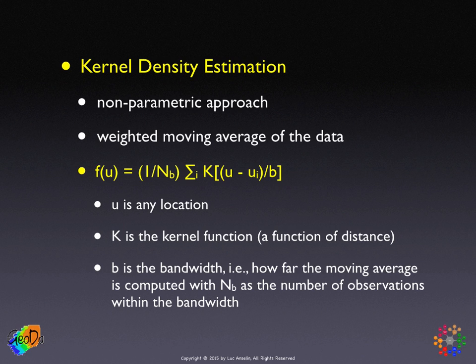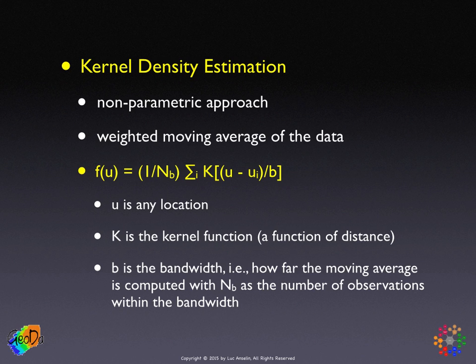If you position the function at a given location, let's say u, then you take the distance between that point u and any other point u sub i that is within the bandwidth. And the bandwidth is the range of computation. Let's say you would take a simple average and you have a point, and you have 4 points within, say, 5 units of distance.